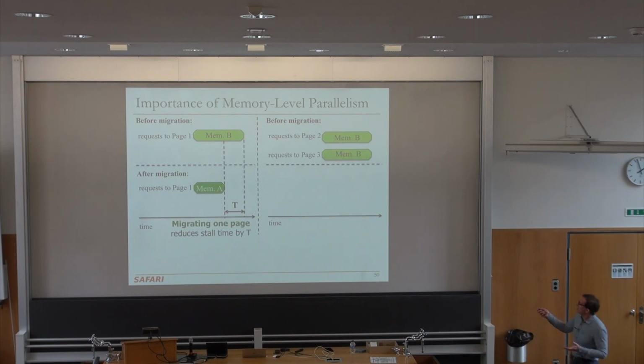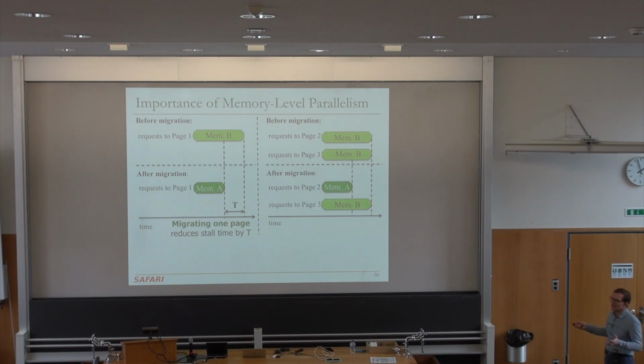But let's assume that the application has 2 requests. One request to page 2 and one request to page 3. And you decide to migrate only one to fast memory. You don't gain anything, right? This is classic memory level parallelism because the application needs both pages. This is fast memory. This is slow memory. Or the other way around. This is slow memory. This is fast memory.